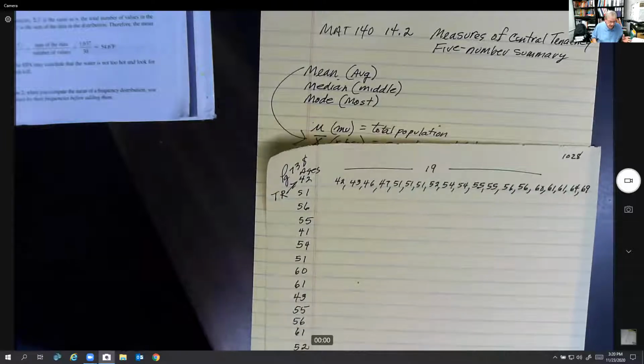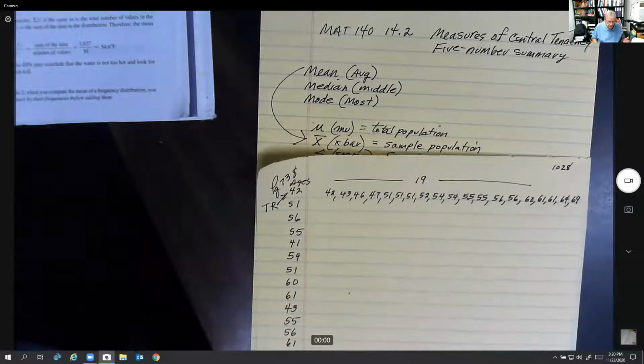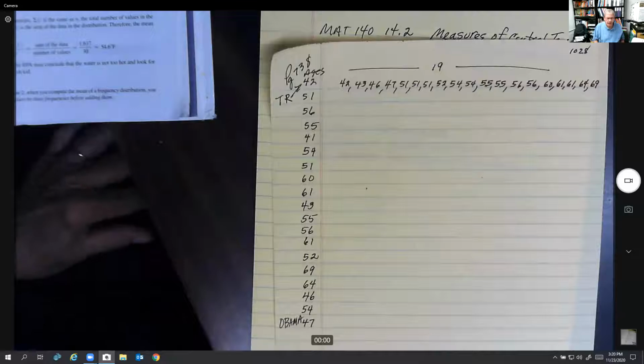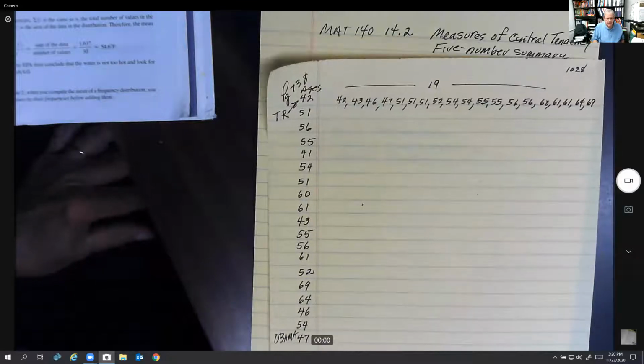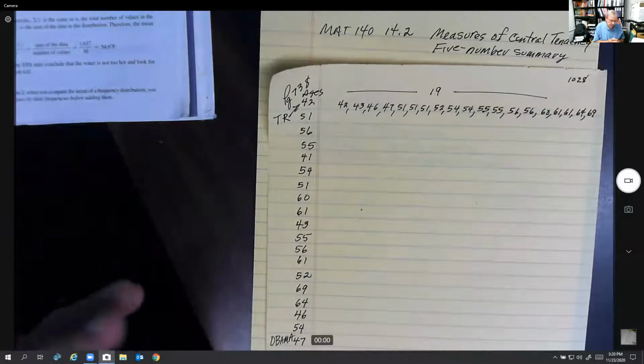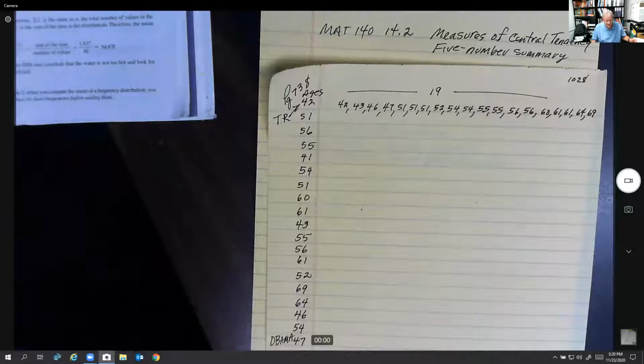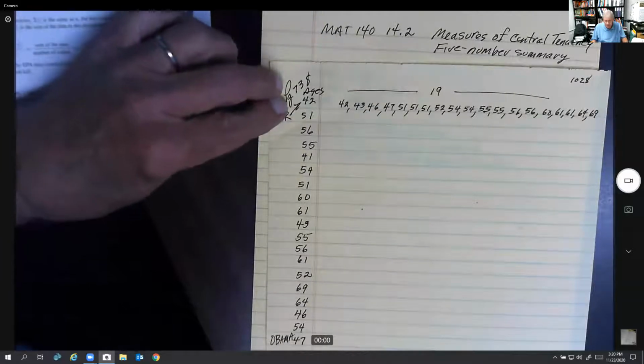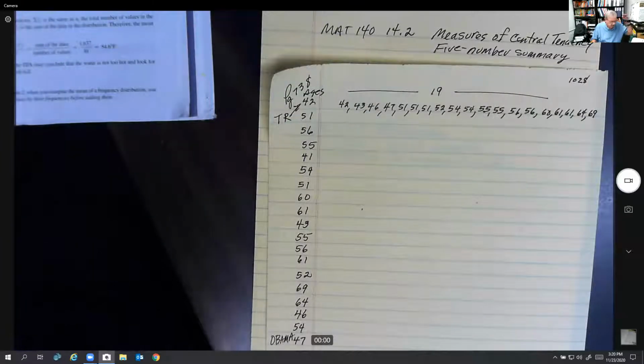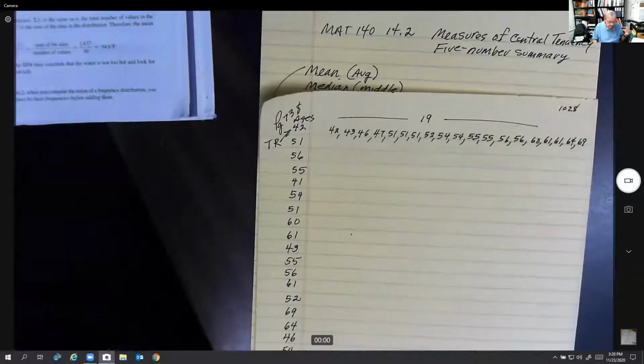So we want to find the mean. Would this be a total population or a sample population? Well, I would call it a sample population because we don't have all the presidents here. We're starting with Teddy Roosevelt. We don't have Taft and all those other guys and George Washington and John Adams and so on.